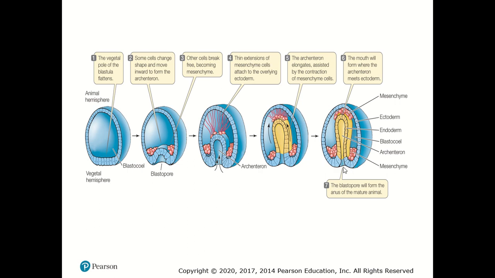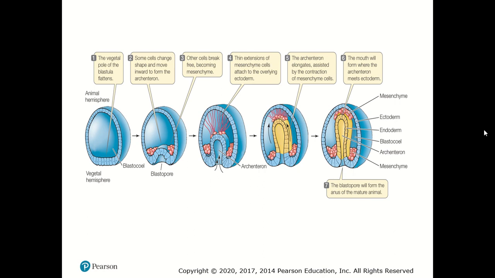And again, this blastopore is gonna go in different directions when it regards protostomes and deuterostomes. In protostomes, the blastopore is gonna form the mouth first, and then from there, it's gonna develop everything all the way down to the anus. So from mouth to anus in protostomes. In deuterostomes, it's going to be the other way around.